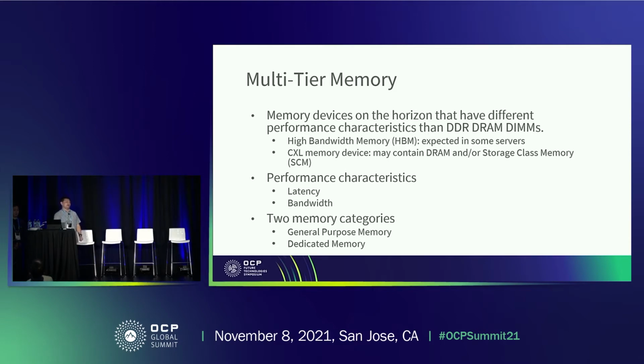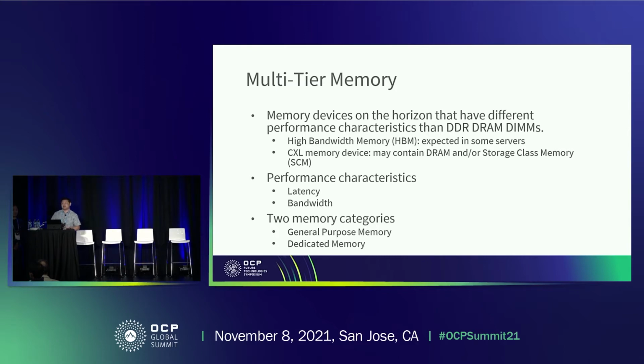We have CXL memory devices that are going to be a little bit further along, but again, it'll start appearing. So with all these memory devices, they have performance characteristics that are sometimes very different than what we have today with DDR memory. By performance characteristics, the primary things that I'm thinking about are things like latency and bandwidth.